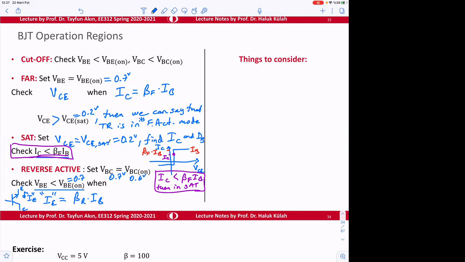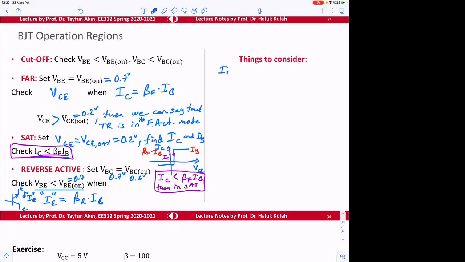Okay, and then when you try to find the state of the transistor, why do we do this? Because there will be more than one transistor, in fact, in the circuit. So we need to look at the cases for the transistor.